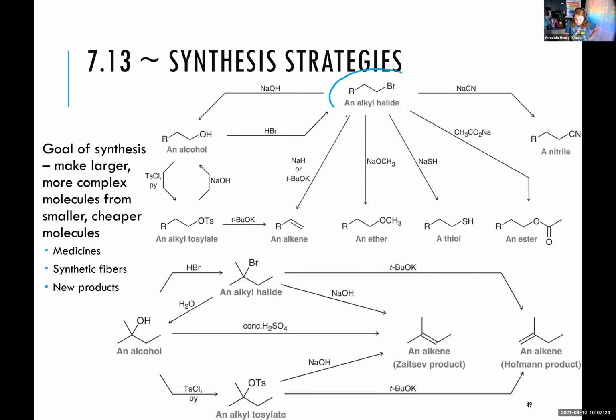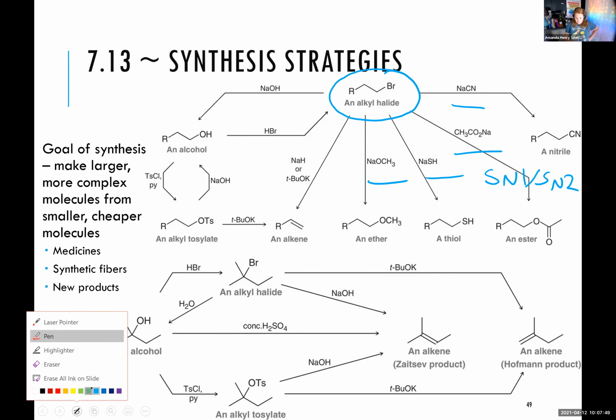So here we're starting with an alkyl halide, and those are some examples of nucleophiles that we can use. So by starting with an alkyl halide, we can make a nitrile, an ester, a thiol, an ether. Those are the substitution sides. So Sn1, Sn2.